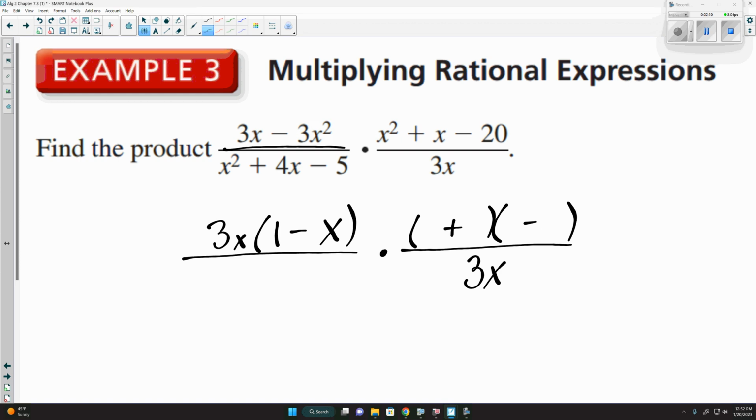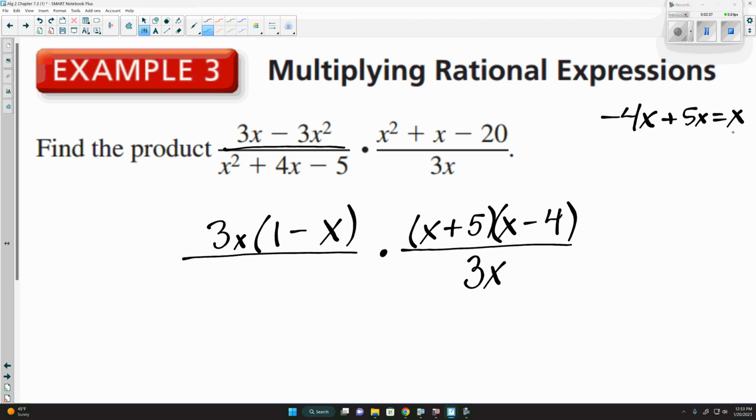Our factors of x squared are x and x. And the factors of 20 are 4 and 5, 5 and 4. And we can check this here. x times negative 4 would be negative 4x. 5 times x is going to be plus 5x, which will give us a positive x, the middle term we wanted.